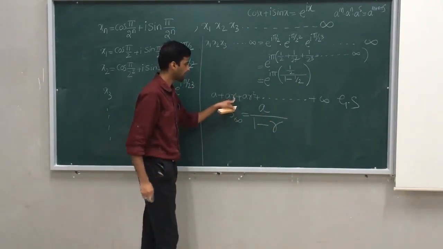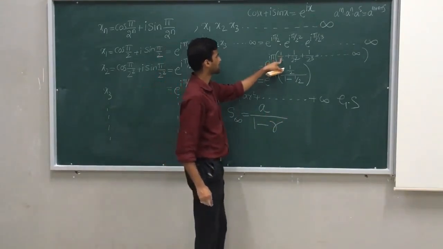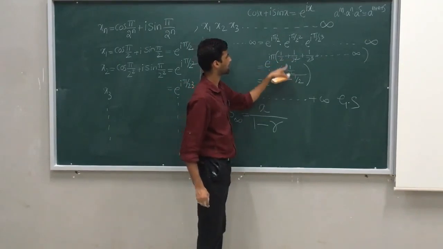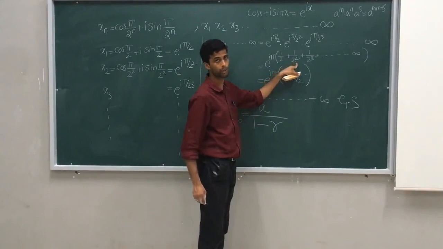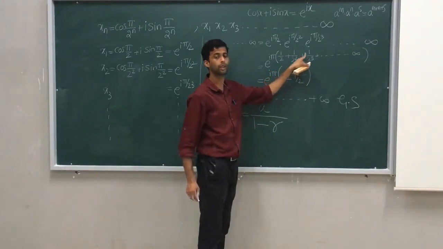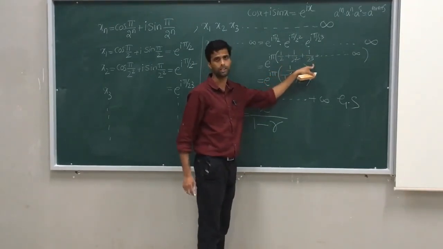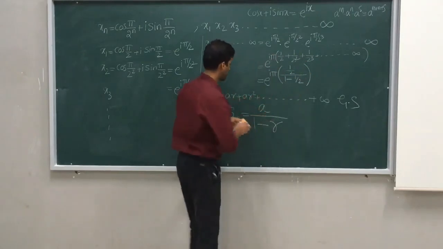Here the first term is 1 by 2, and the common ratio is 1 by 2, because 1 by 2 square can be written as 1 by 2 into 1 by 2, and 1 by 2 cube can be written as 1 by 2 square into 1 by 2. Therefore 1 by 2 is common.